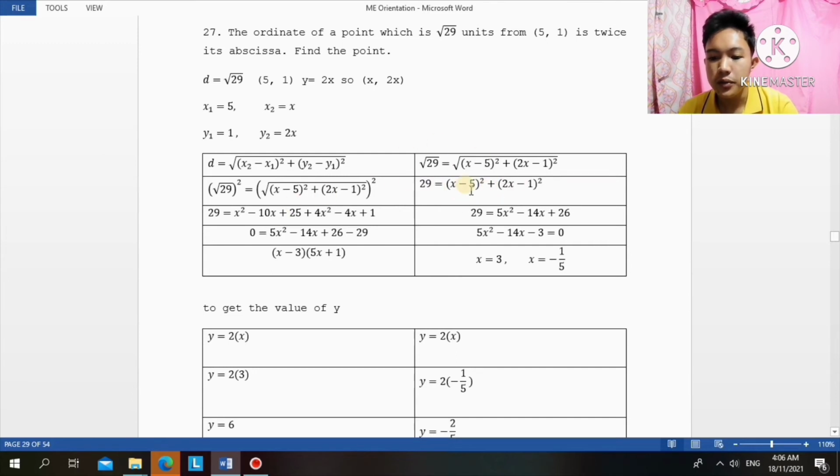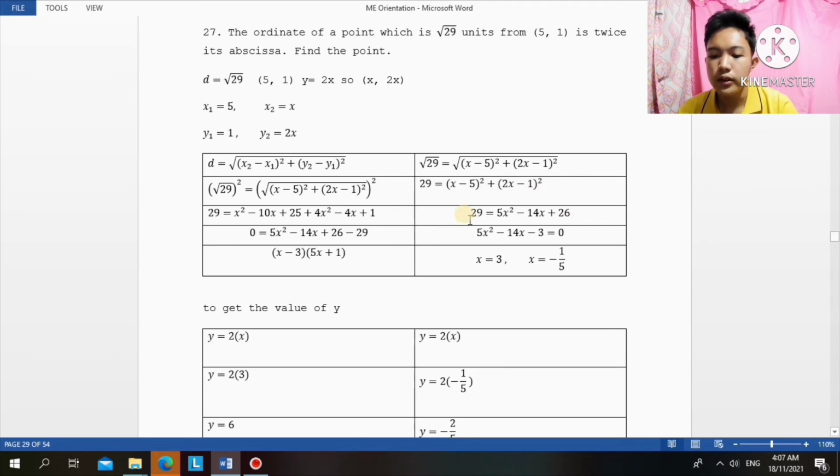So expand: (x minus 5) squared will become x squared minus 10x plus 25. Then expand (2x minus 1) raised to 2, which will become 4x squared minus 4x plus 1. So combine like terms, our equation will be 29 is equal to 5x squared minus 14x plus 26.